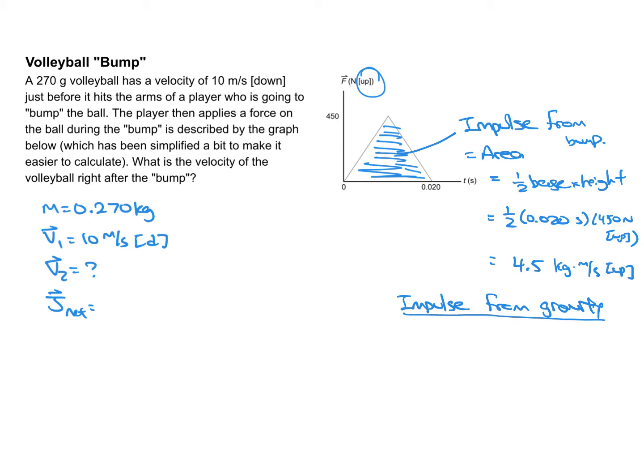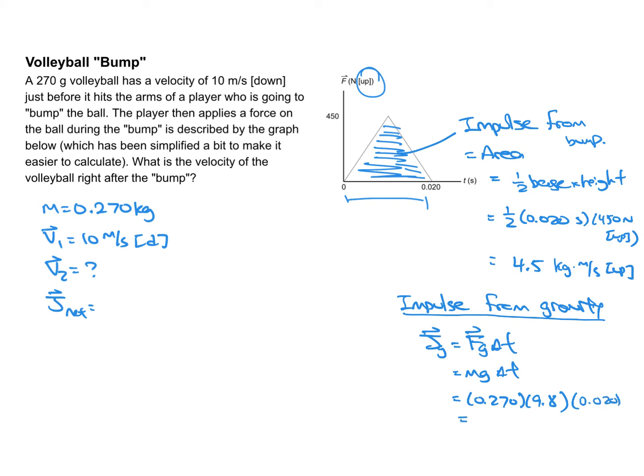So the impulse from gravity, J gravity, would be the force of gravity times time. The force of gravity is mg, times time. So that's 0.270 kilograms, 9.8 newtons per kilogram, and the time is the same as the time of the bump, which is 0.020 seconds.